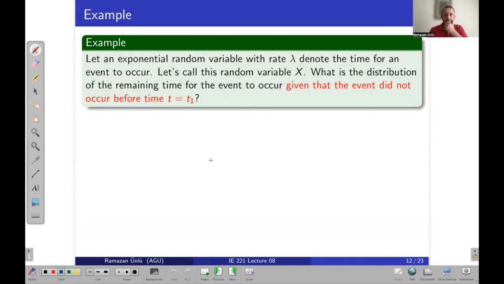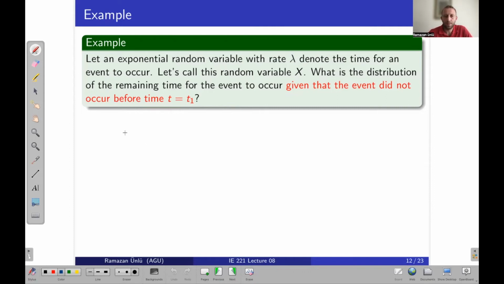So let's look at another example. Let an exponential random variable with rate lambda denote the time for an event to occur, and let's call this random variable X. What is the distribution of the remaining time for the event to occur, given that the event didn't occur before time t equal to T1?